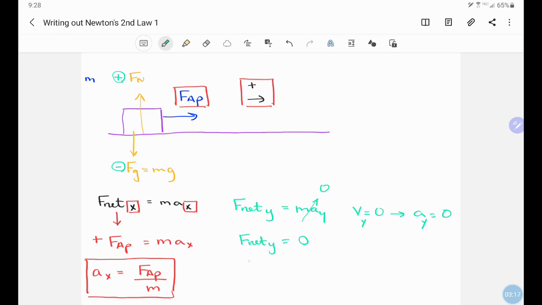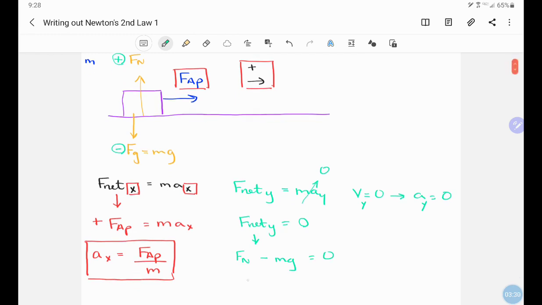So my net force in the y direction becomes F normal, which is positive, minus mg equal to 0. And that gives me for normal force that it is equal to gravity, which is equal to mg. This particular fact is not important here, but if we add friction in, it becomes very important.